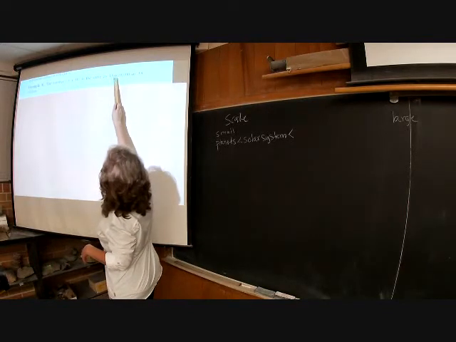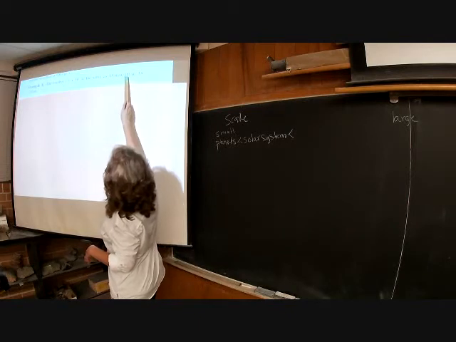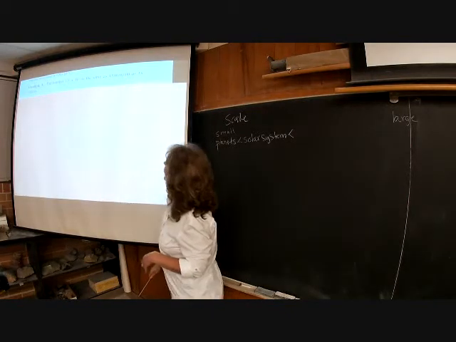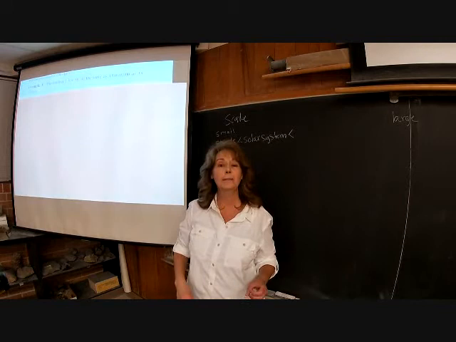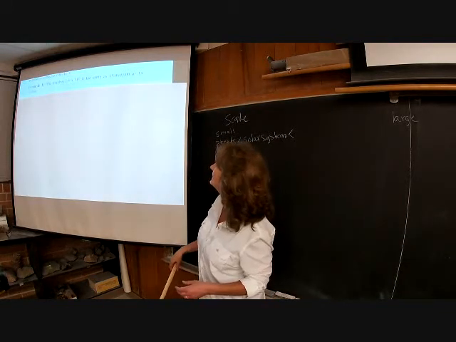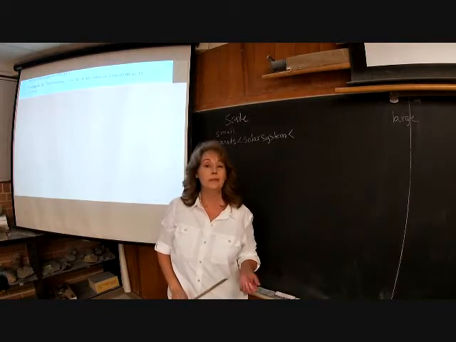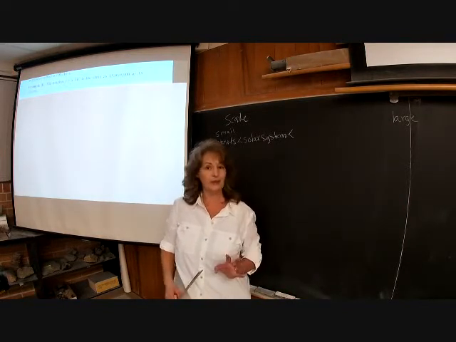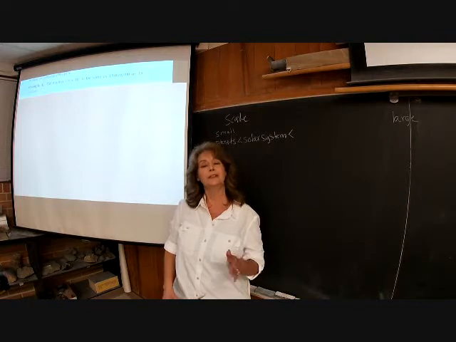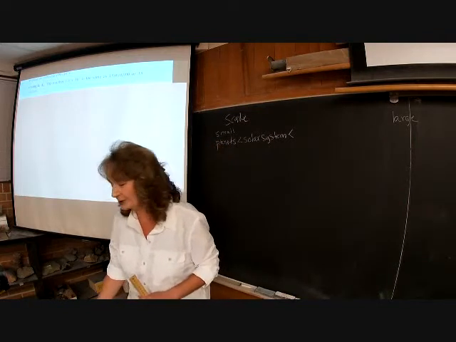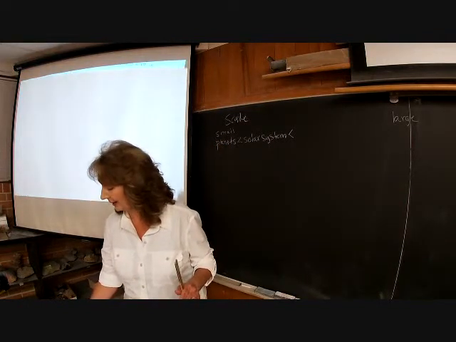So that becomes 15 million. In a million, you've got 6 zeros, right? So we went the other way with it, took it from scientific notation and put it back into normal notation. Be able to do both.